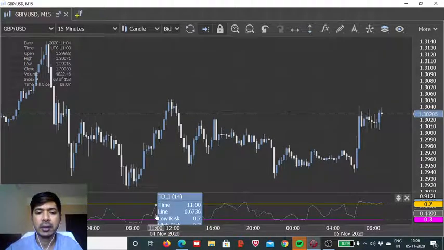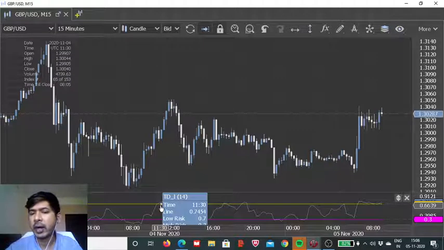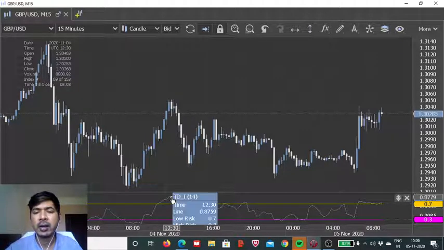It has risen to a great extent, and it might turn the corner, and this is the time to think about the possibility of trend reversal and get involved on the opposite side of the trend.